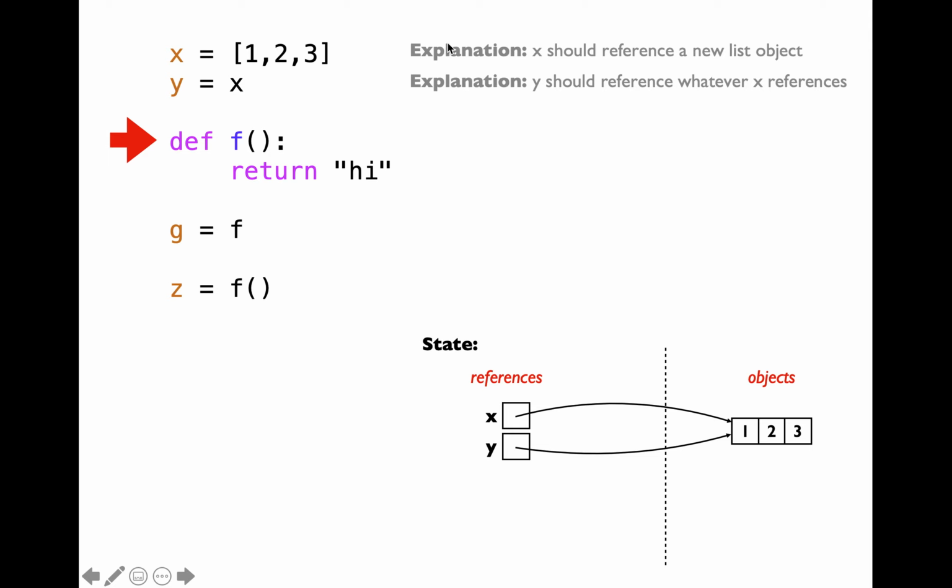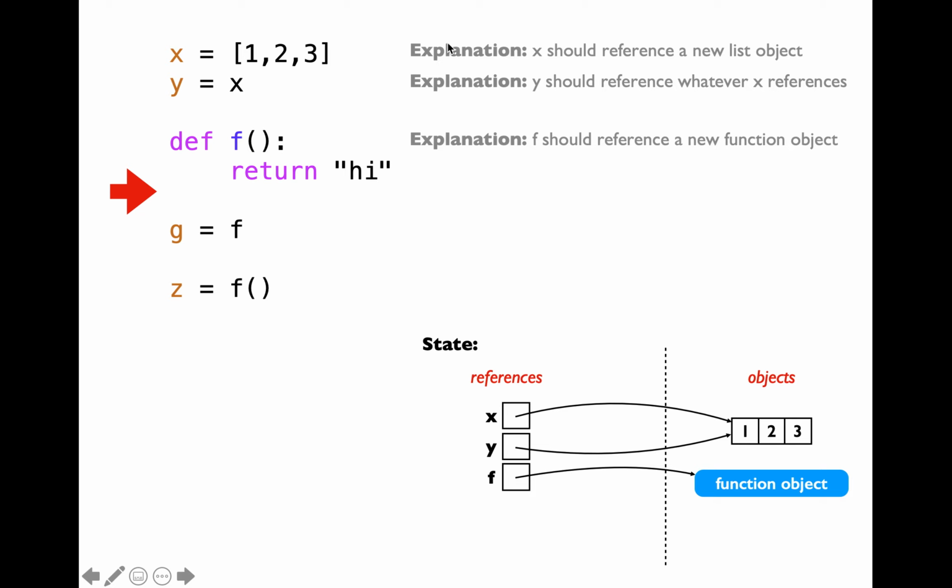The next line of code here defines a function f. Since I just mentioned that functions are objects, what this definition is going to actually do is create a reference in your stack which is named f, and that's now going to refer to the function object for this particular function definition.